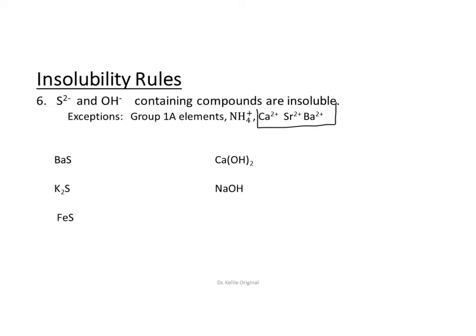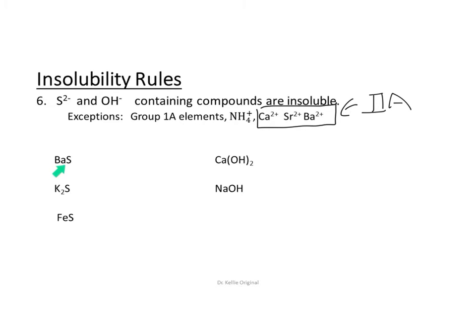Calcium, strontium, and barium, that same old gang of three. However, last time we were seeing things, they made things insoluble. This time they're going to make them soluble. So they're the same exceptions, but they're having the opposite effect. So anything that contains sulfide or hydroxide is going to be insoluble. Let's take a look.